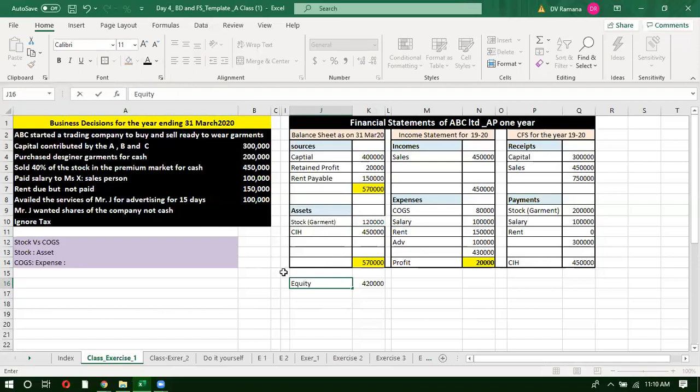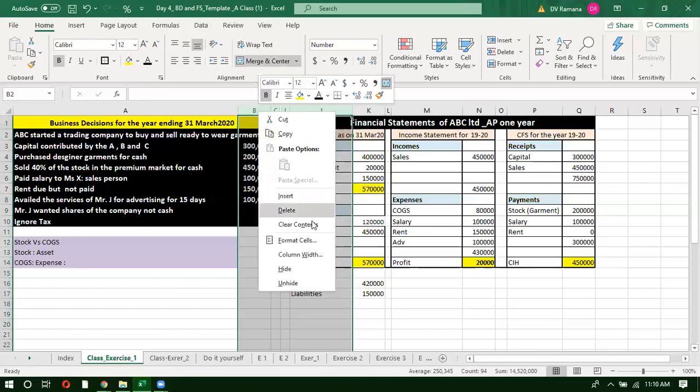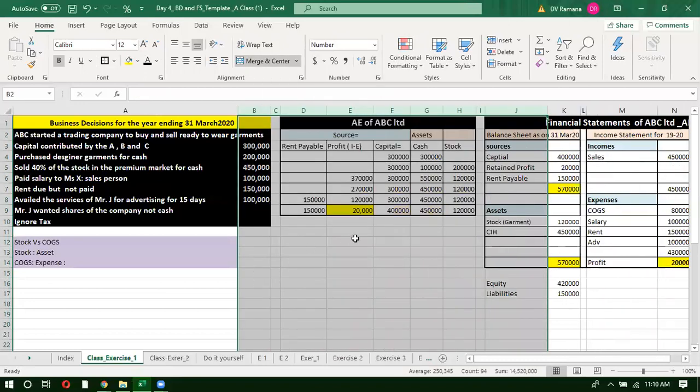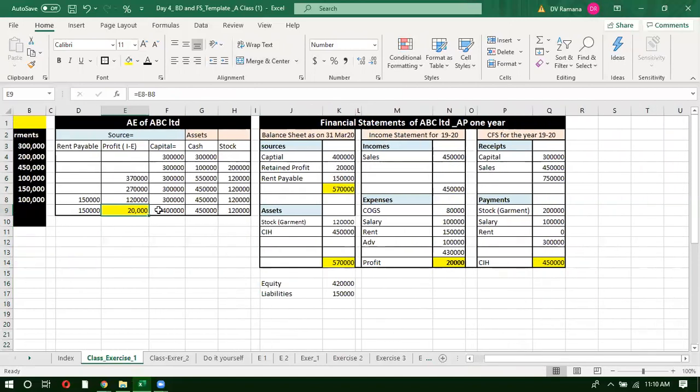Equity 420, liabilities is equal to rent payable. So A is equal to E plus L. Observe this profit and compare it with the equation. So in the equation also, we had profit 20,000.